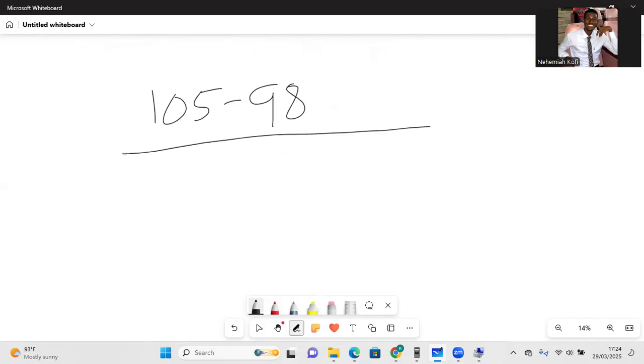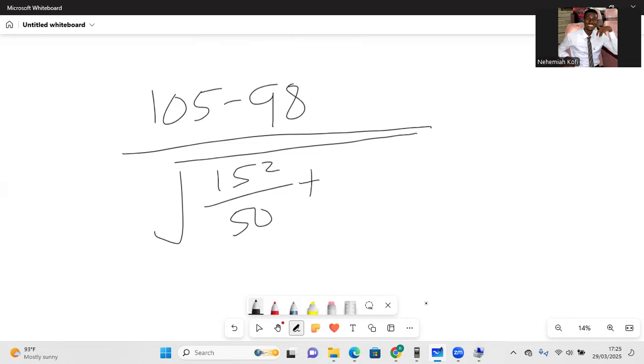So now let's continue. The sample mean of the first one was 105 minus 98, all over the root of 15 squared over 50 plus 12 squared over 60.